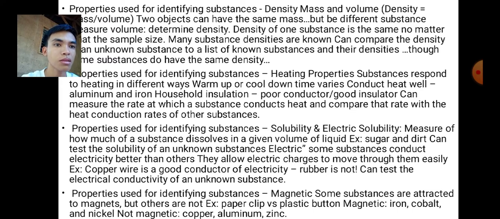Rubber is not. You can test the electrical conductivity of an unknown substance. So copper wire can conduct electricity, but rubber cannot.